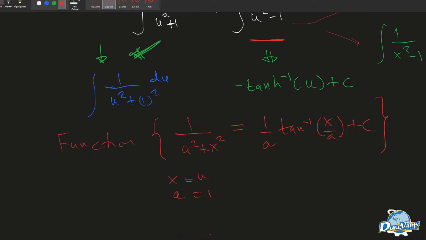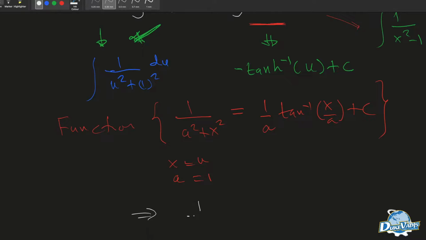Then if we substitute that into the equation, this will imply that the integral of 1 over, our x is u, and our constant is 1, so it's going to be 1 squared plus u squared.